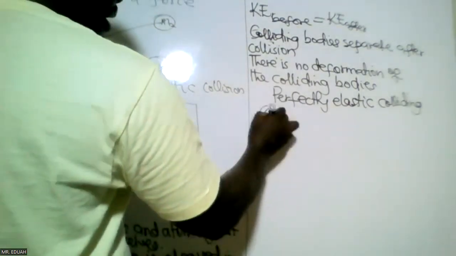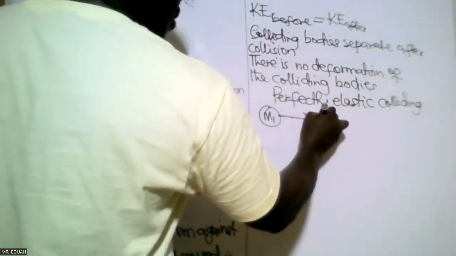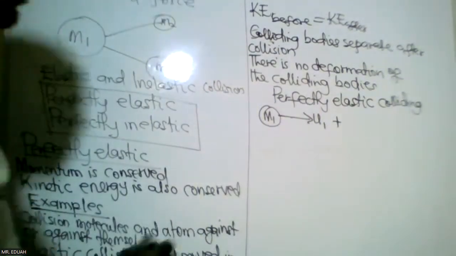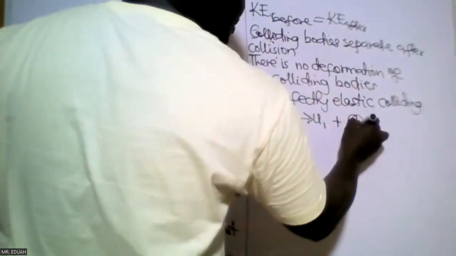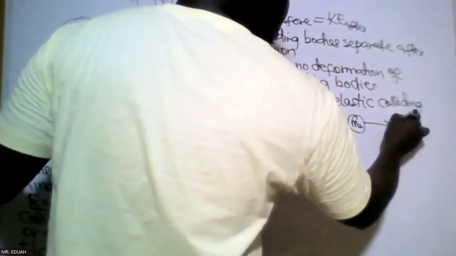So I have two masses, M1, which has a velocity U1. The two masses are moving in the same direction. So M2 with the velocity U2.